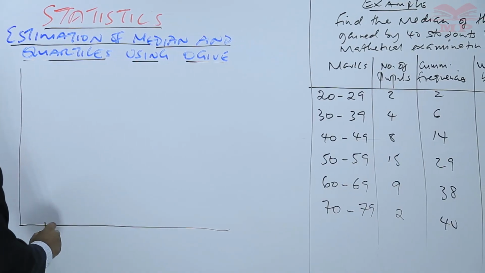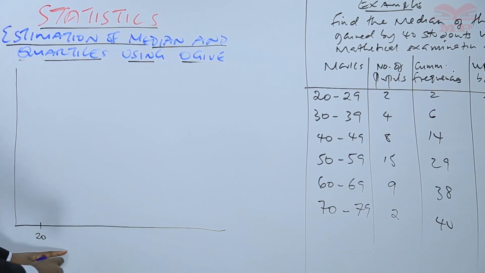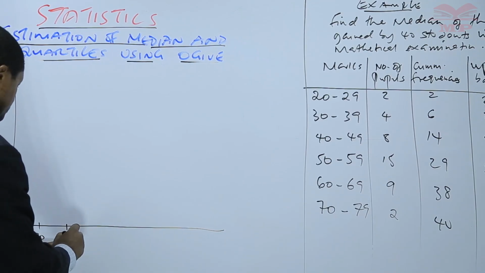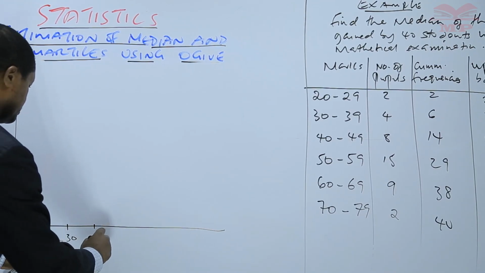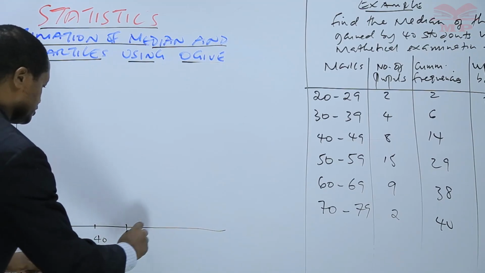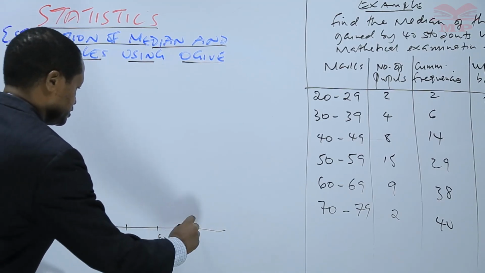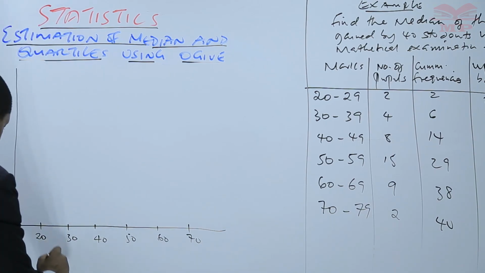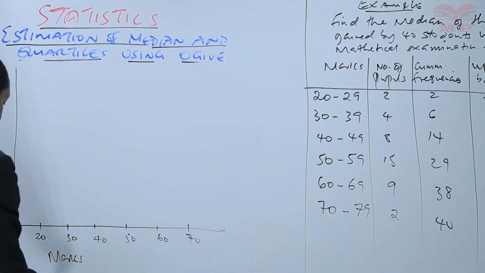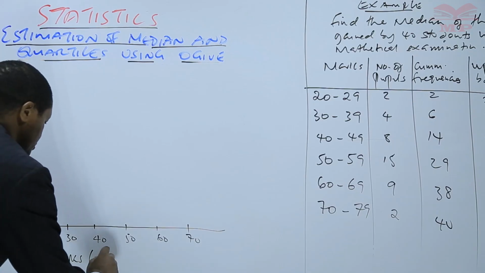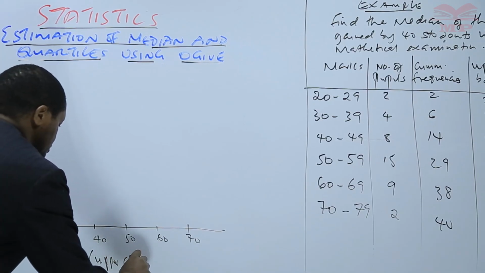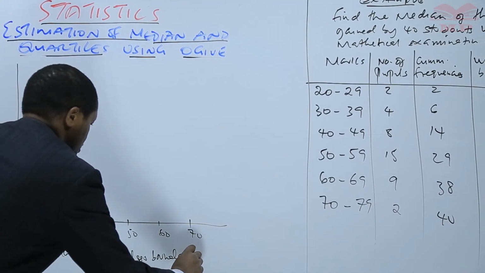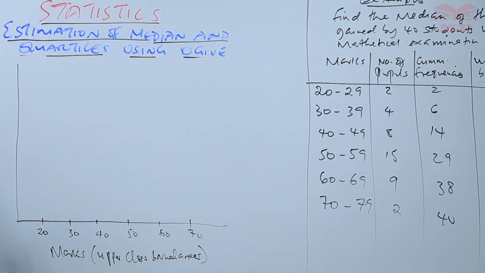We have 20, then 30, 40, 50, 60, 70. These are marks, the upper class boundaries.